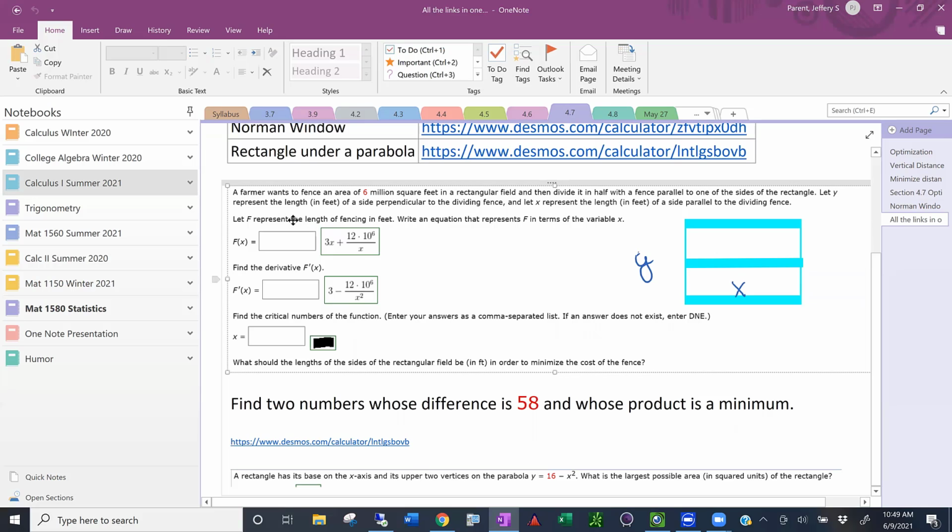Let y represent the length in feet of a side perpendicular to the dividing fence. So that's going to be the height here. And x represent the length in feet of the side parallel to the dividing fence. So that side. Let f represent the length of fencing in feet. Write an equation that represents f in terms of the variable x.